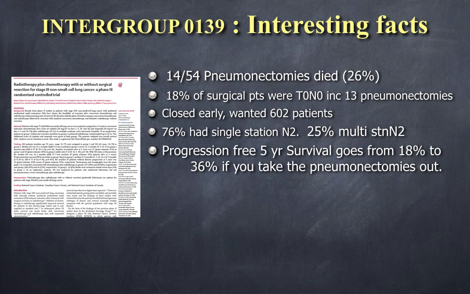Now, it's probably not entirely fair to do that, because obviously some in the conservative group might have needed a pneumonectomy to get their tumour out and therefore be more advanced. But maybe if you even put up the chemoradiotherapy group to 25%, then going up to 36% is a big difference. They were well-selected patients, mostly single-station N2.